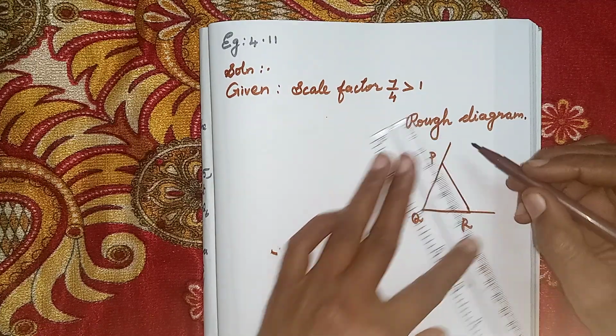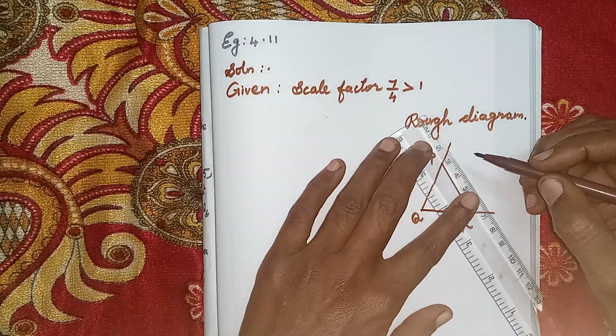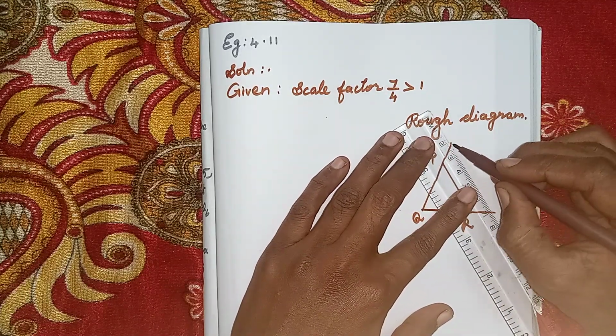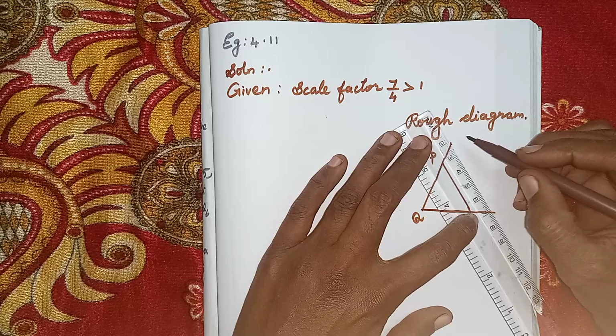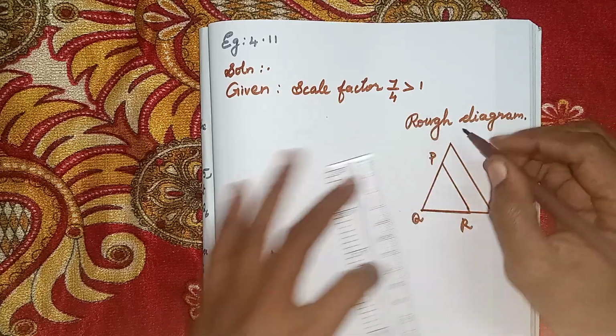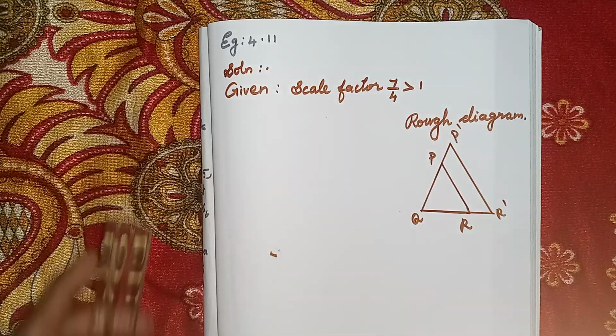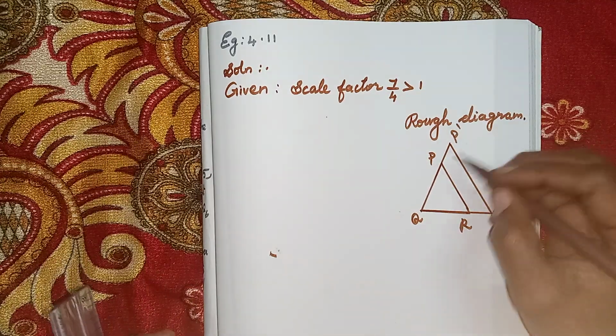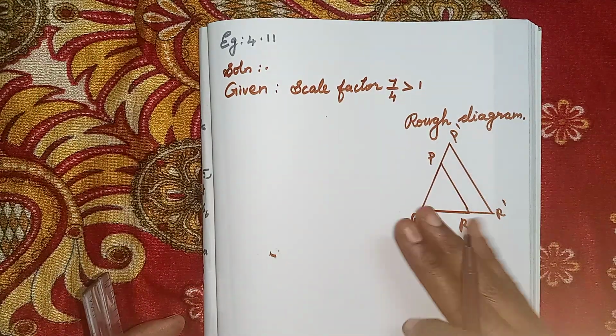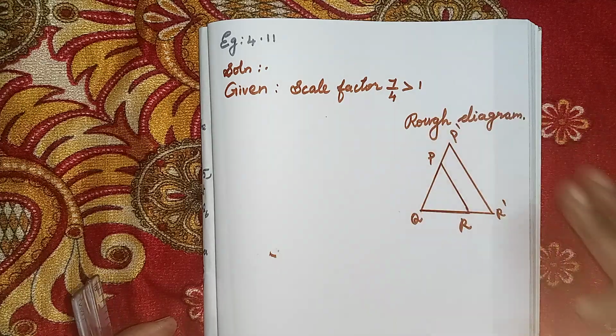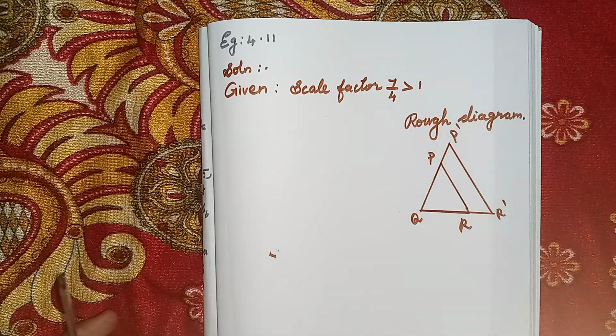So we have to extend the lines and construct the similar triangle P dash Q R dash outside, above this triangle, outside of the triangle PQR.